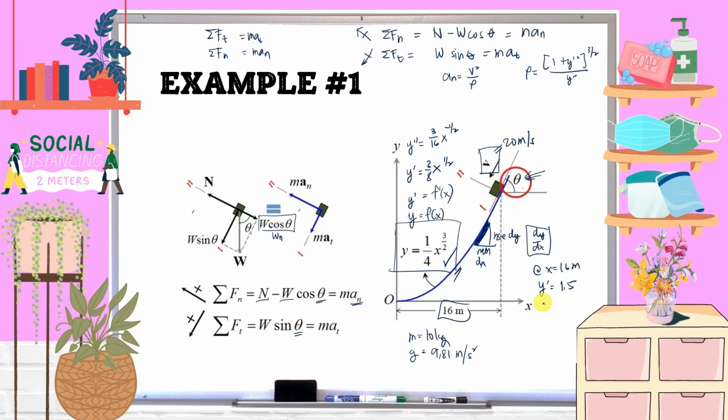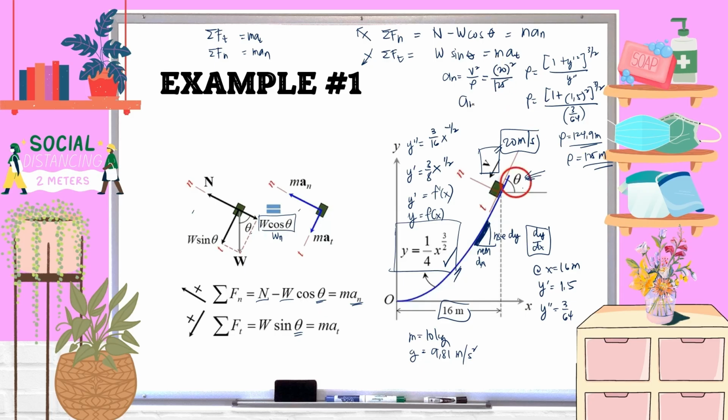And for the second derivative, we get 3 over 64. Substituting, rho equals 1 plus 1.5 squared raised to 3 halves, all over 3 over 64. So we've been able to get 124.9 meters. I will just round up, which is 125. So since we have the velocity, this will be 20 squared over 125.